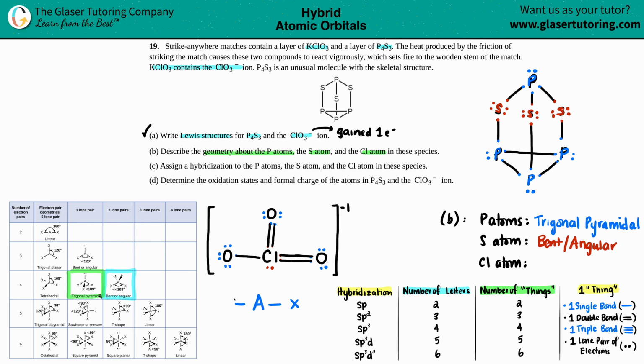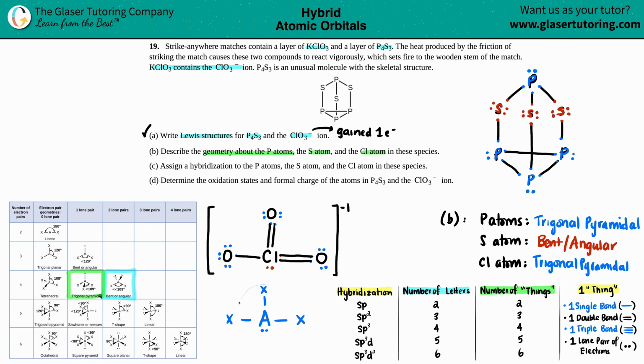So I've got an X, an X, and an X. Chlorine has only 1 lone pair, so I'm searching for 3 X's and 1 lone pair. And that's the same as this. So both phosphorus and chlorine are classified as trigonal pyramidal. They look different, but they still have the same geometry.